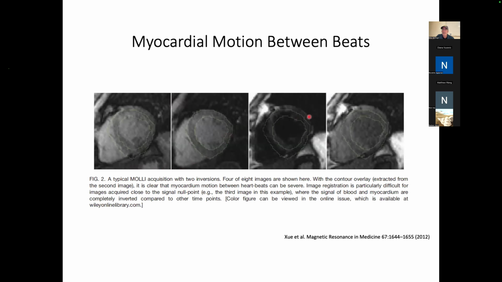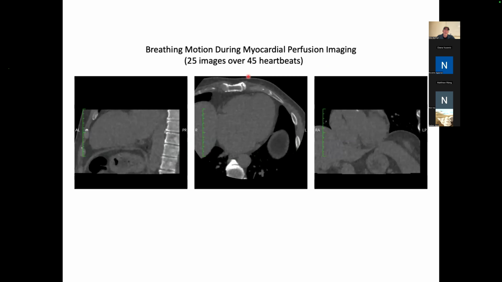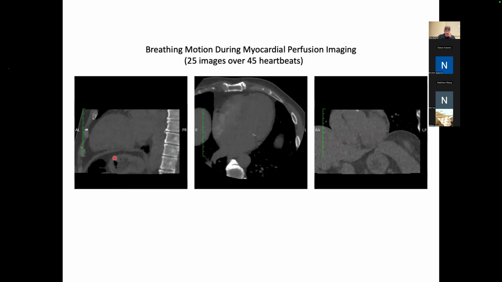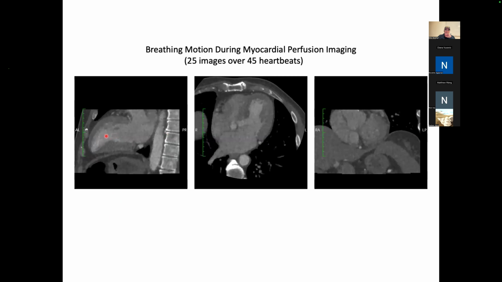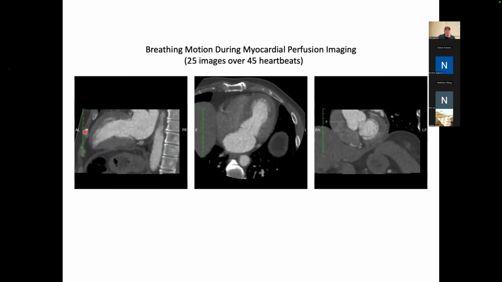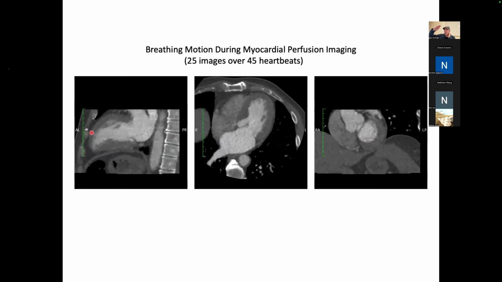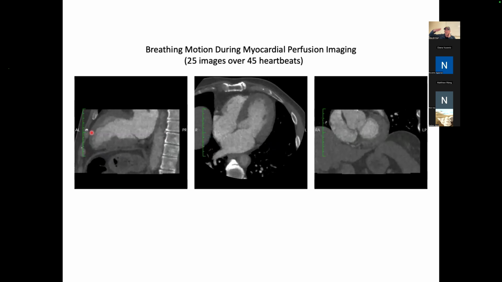So here, the issue with MR is usually you're imaging a single slice for these rapid acquisitions. And as we saw in the movie of this heart moving, if my slice is here, the myocardium that I'm imaging is coming in and out of the plane, right?